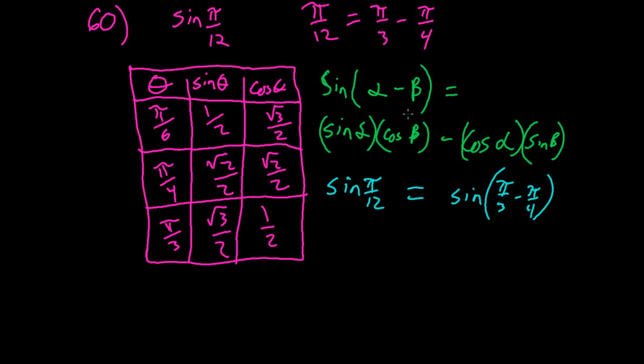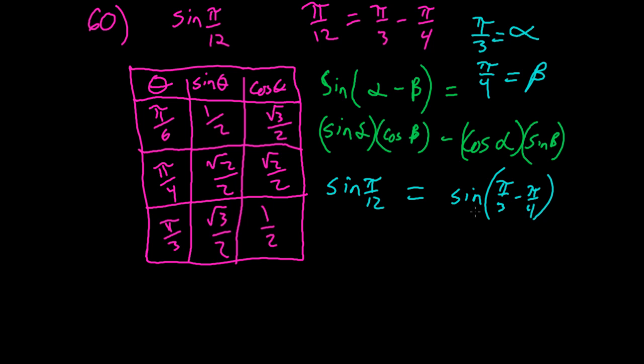So if we let pi over 3 be equal to alpha, and if we let pi over 4 be equal to beta, then we can use this equation.